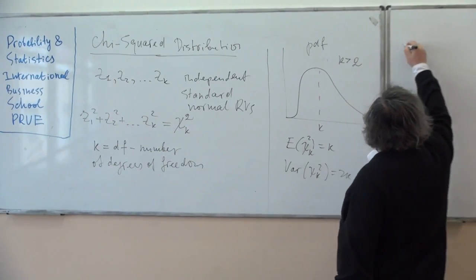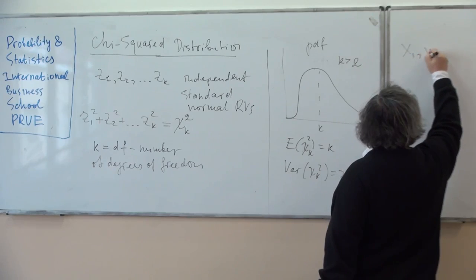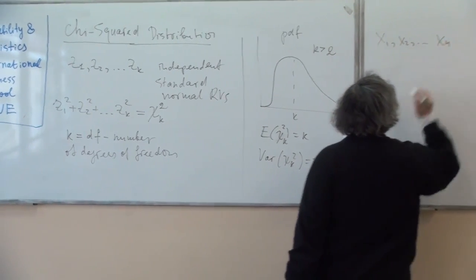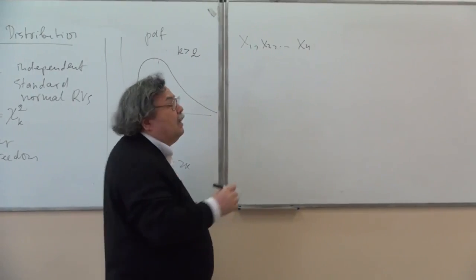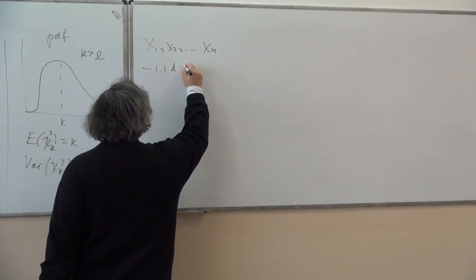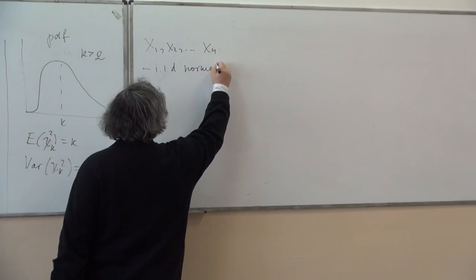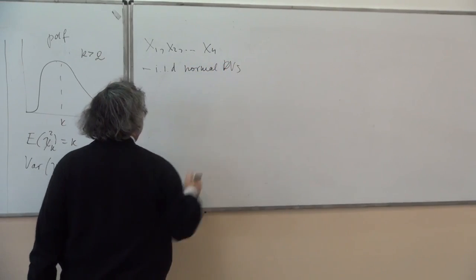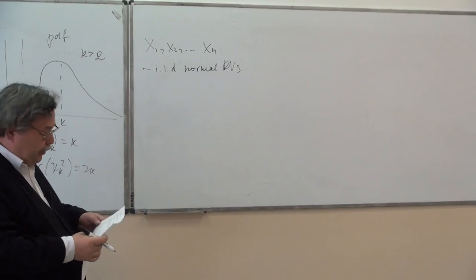Because it's defined to be the sum of n independent standard normal random variables, we can approach the same thing from this angle. Suppose x1, x2 up to xn are independent, identically distributed normal random variables.